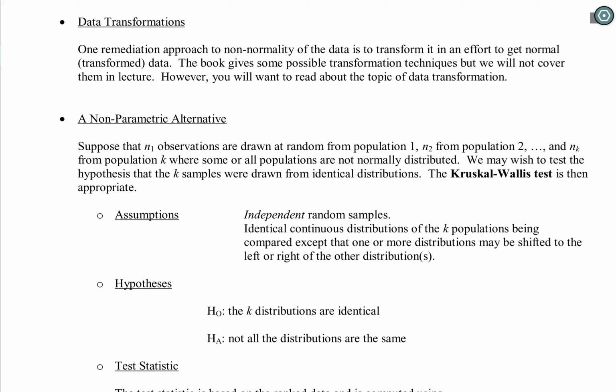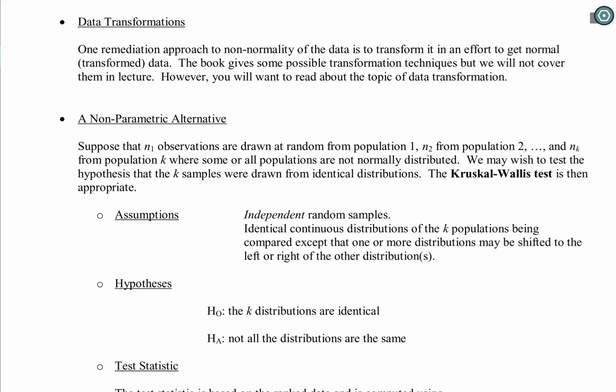But note that the normality is now on the transformed data and not the original data. You'll want to read more about this in your textbook.